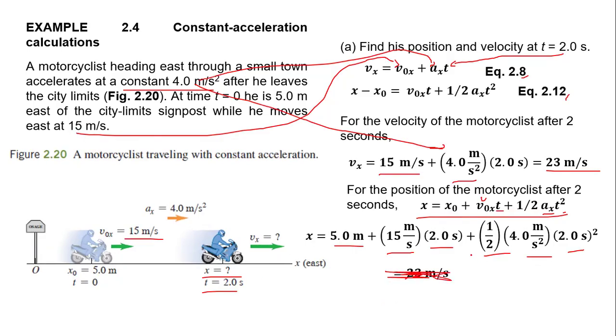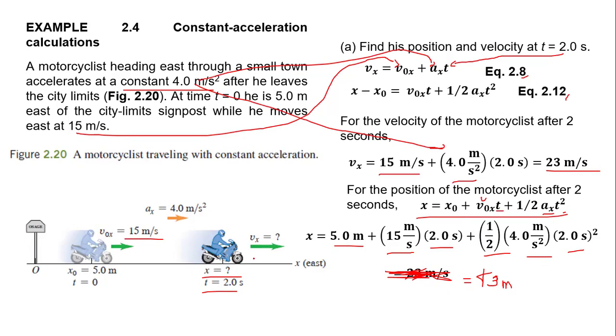Let's solve for this position: 5 plus 15 times 2 plus 0.5 times 4 times 2 squared. So we have 43. This position is 43 meters.